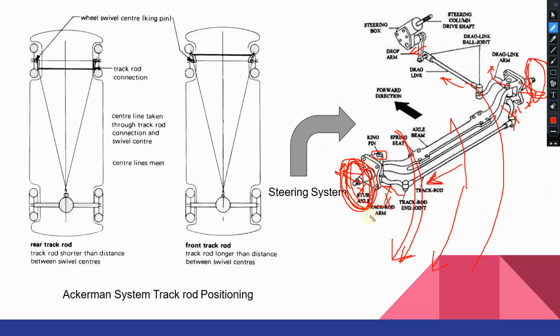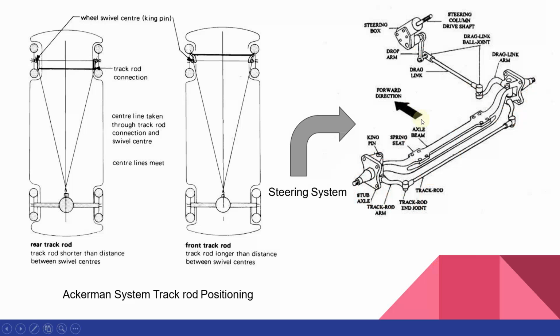In this case, this is the inner wheel and this is the outer wheel. So the inner wheel will be rotated at a larger angle and the outer wheel at a smaller angle, so that the vehicle will undergo the turn smoothly.